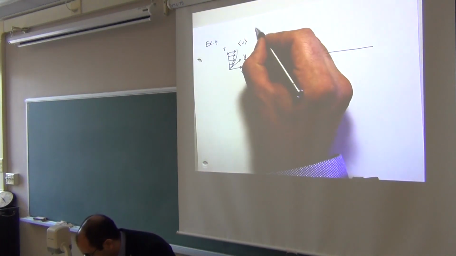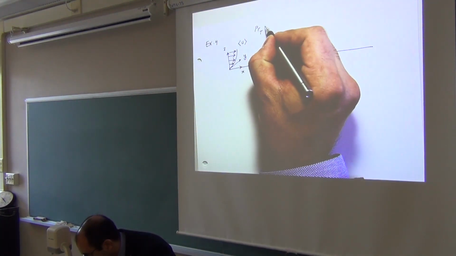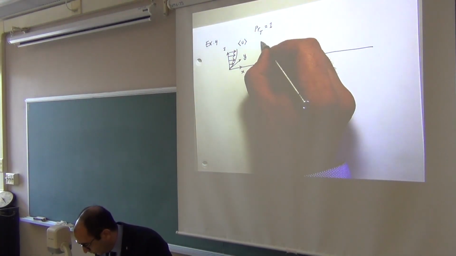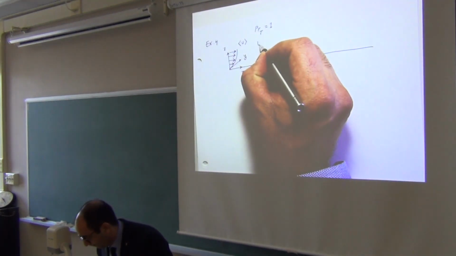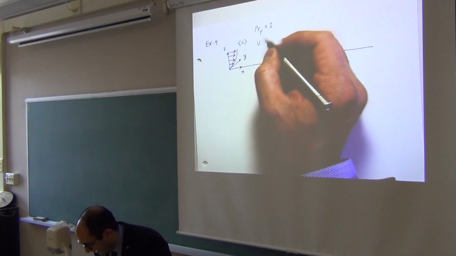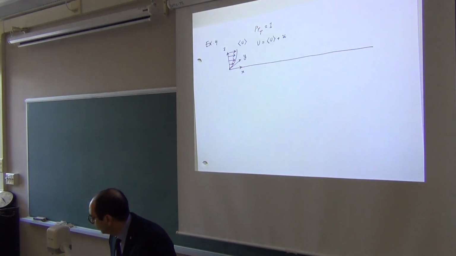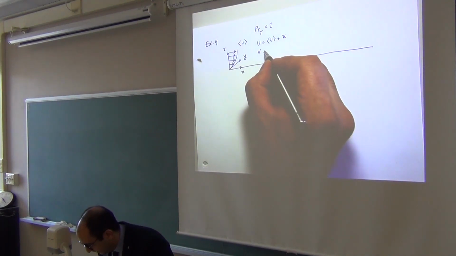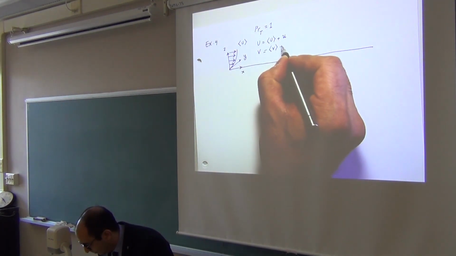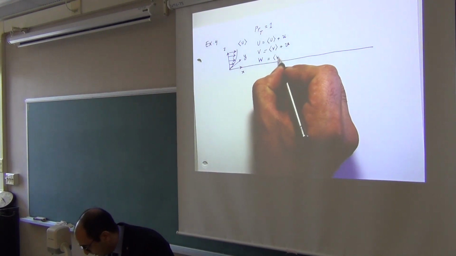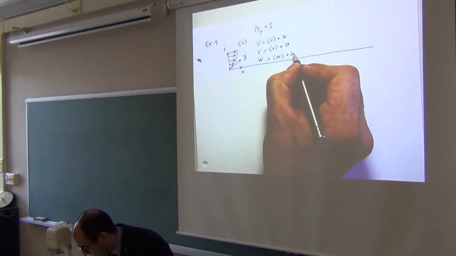I'm asked to assume Prandtl number is 1, so I assume that. Remember, U is angle bracket U plus little u, V is angle bracket V plus little v, and W is angle bracket W plus little w.